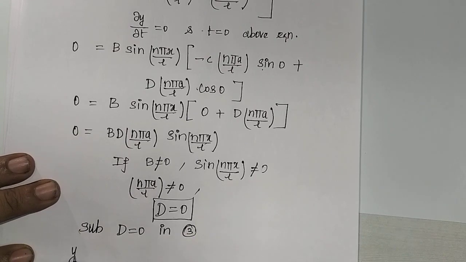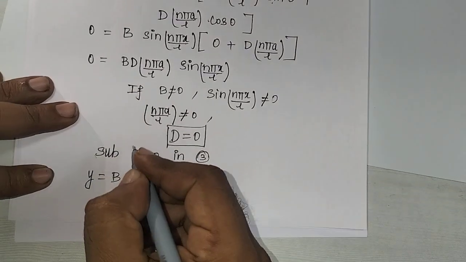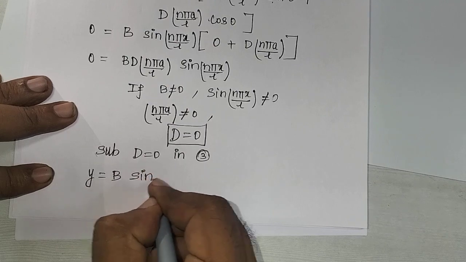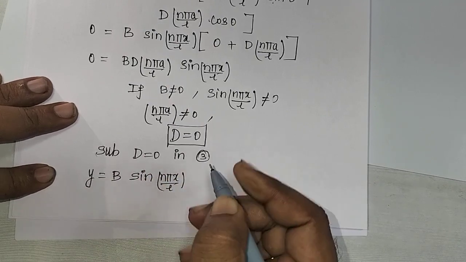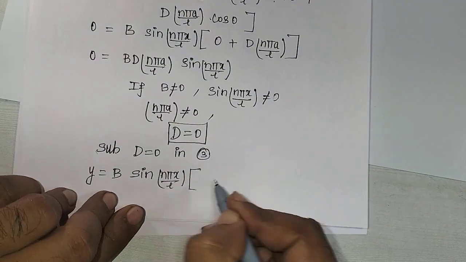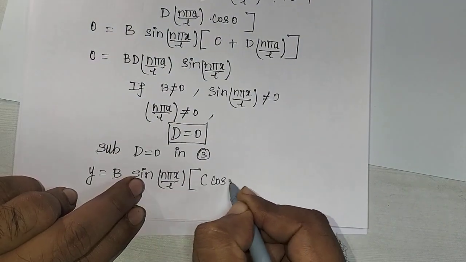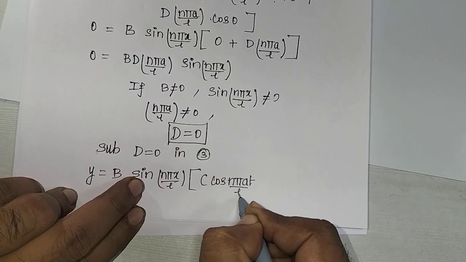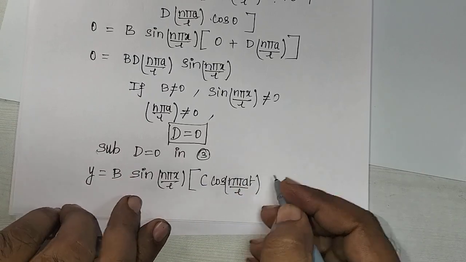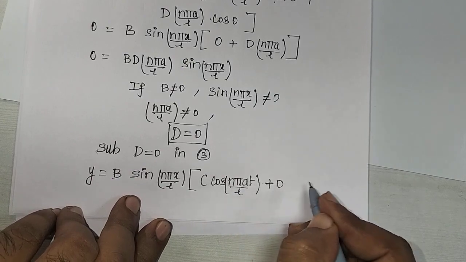So I will get y equal to b sin n pi x by L and c cos n pi a t by L, and this entire term 0.